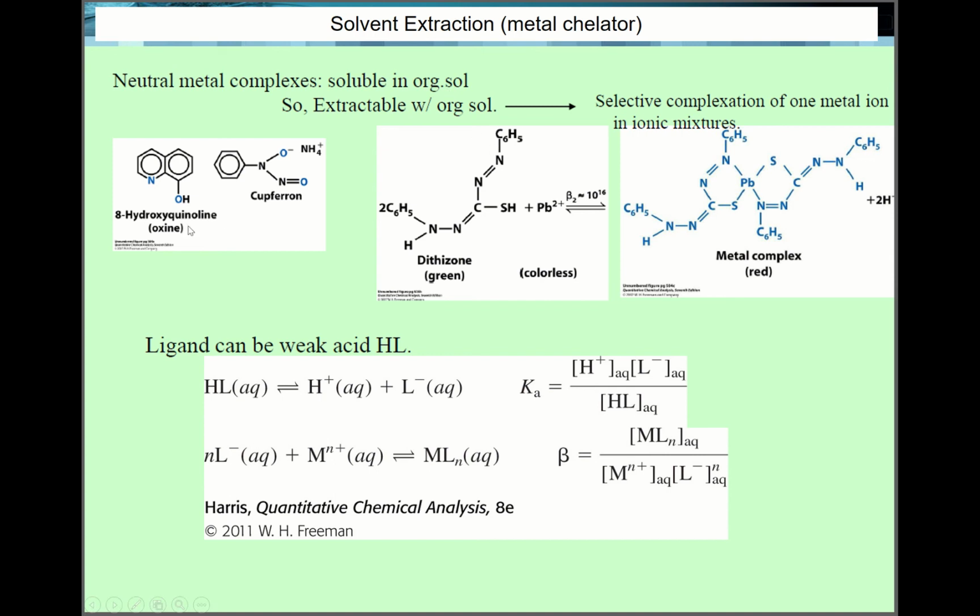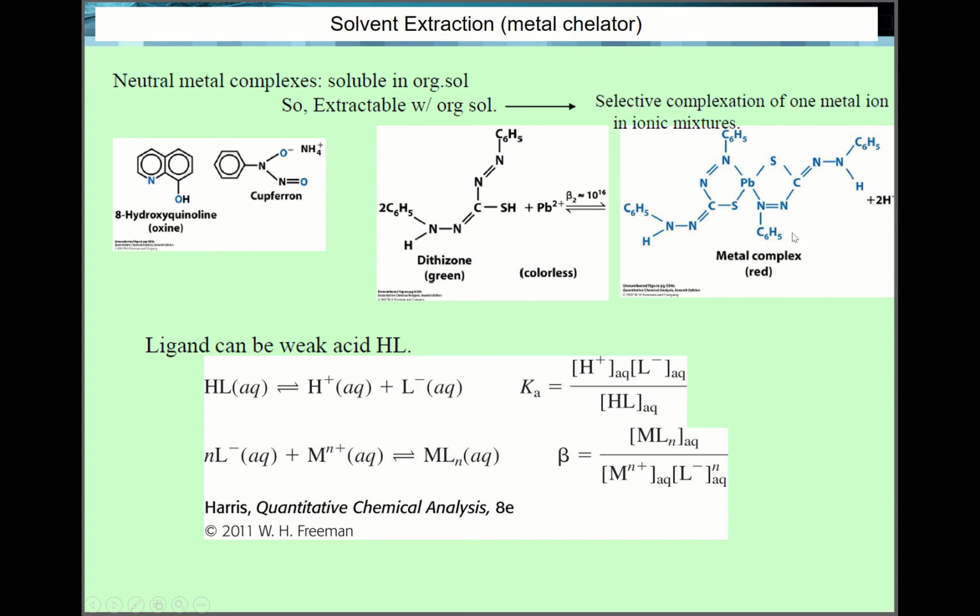Here is 8-hydroxyquinoline, and cupferron. This one and this one, dithizone. This is good for lead ion, after the complexation with the metal ion it forms like this one.